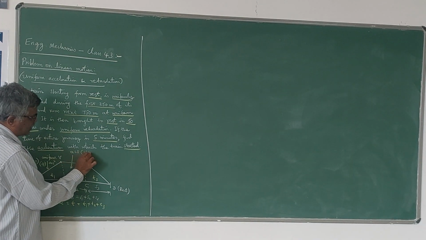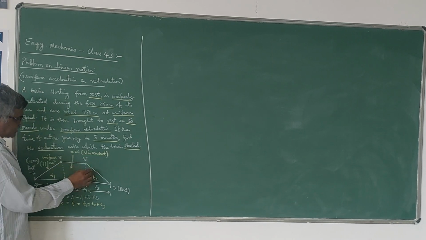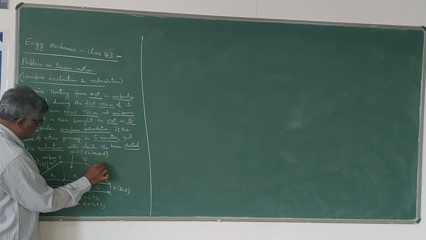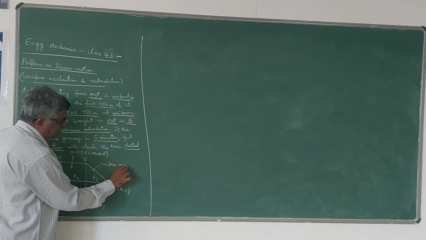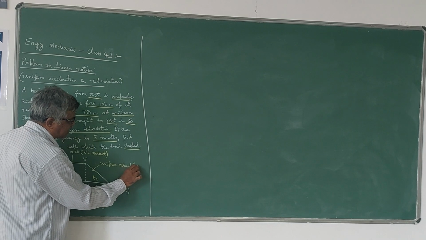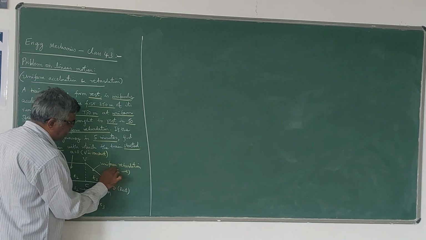Then later on, the case of retardation will come into picture. Uniform retardation means negative acceleration. So a is negative. Then it comes to rest.